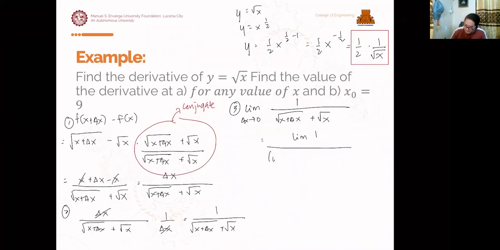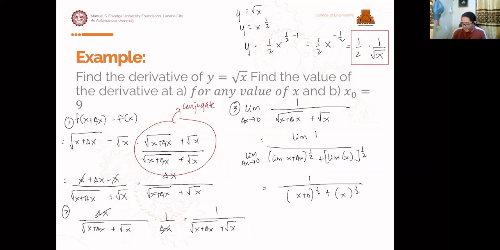So this will be limit of (x plus delta x) raised to 1/2 plus limit x raised to 1/2. Then simplify. Ito is again limit of delta x approaching 0. So this will be 1 over limit of constant na lang din kasi delta x yung pinag-uusapan natin. So (x plus 0)^(1/2) plus x^(1/2).